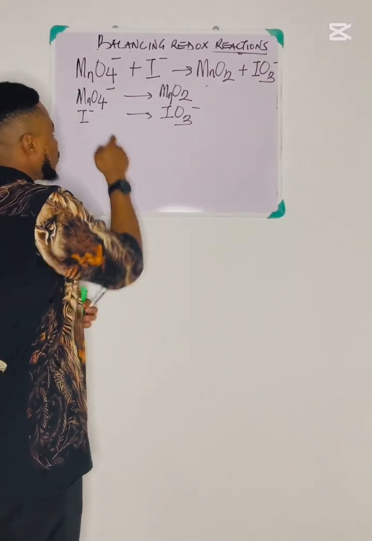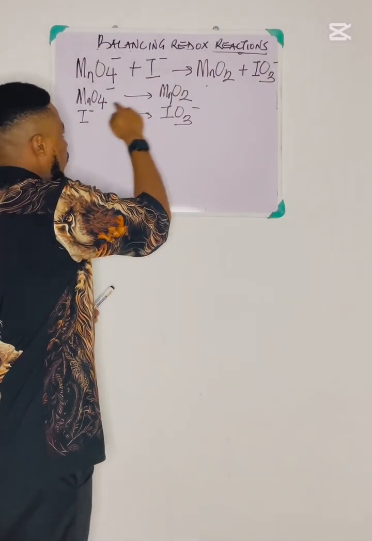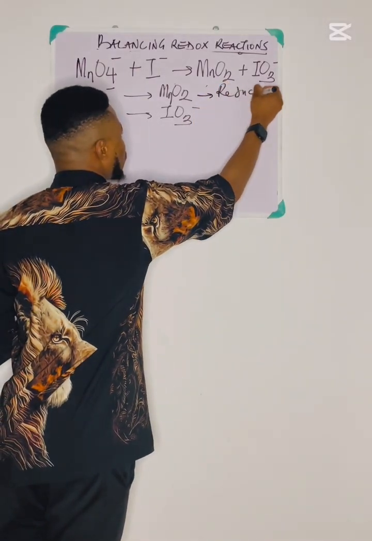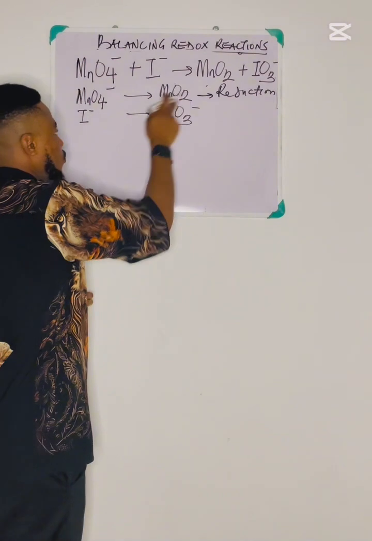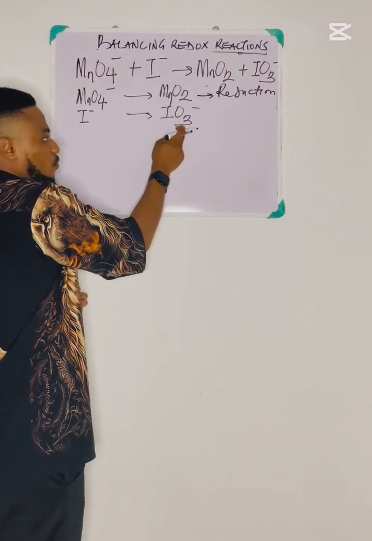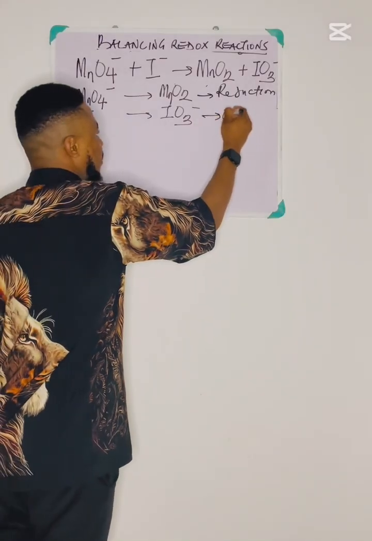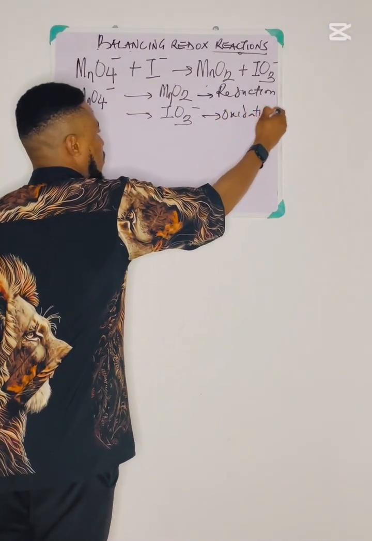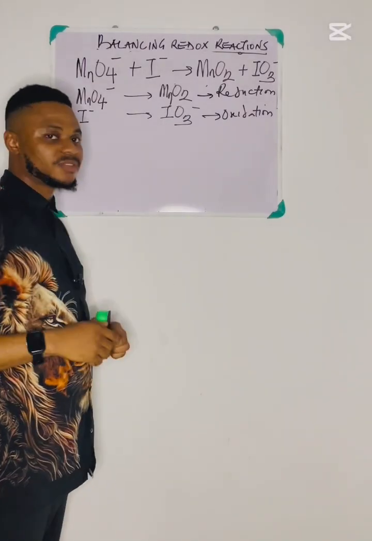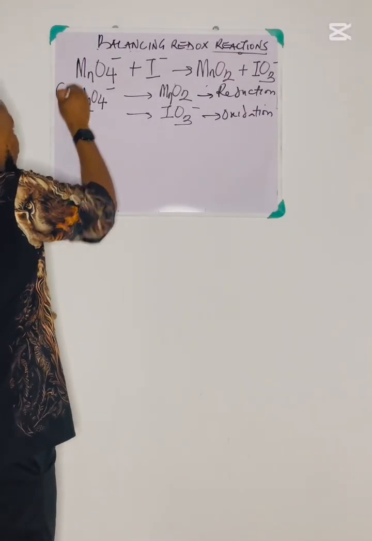So oxygen reduced from 4 to 2, so this is reduction. Now here oxygen was added to this to form this, so this is oxidation. Like I said, you first have to divide into two half cell equations. So this is step one.